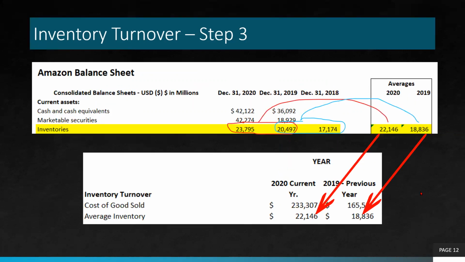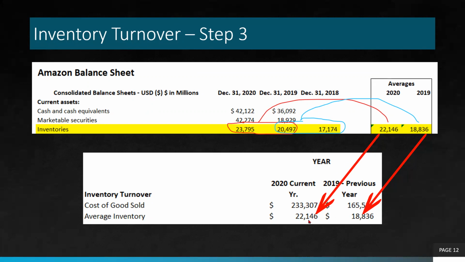So here's where it gets a little confusing. For inventory, remember, we need the average for 2020 and the average for 2019. In order to arrive at the average for 2019, you need that third year's worth of data. So to come up with the average inventory for 2020, I take 2020's inventory and 2019's inventory and divide that by 2, or I use the average function in Excel, and that gives me 22,146.